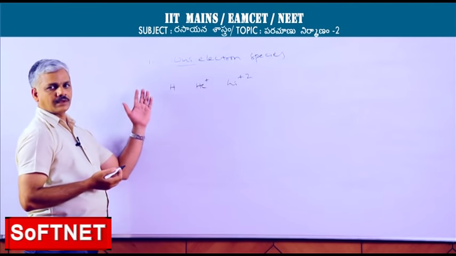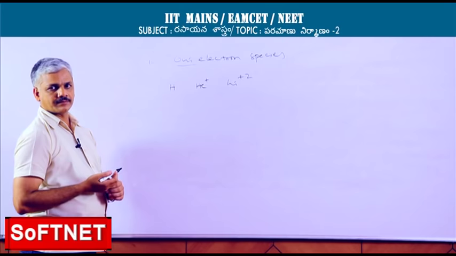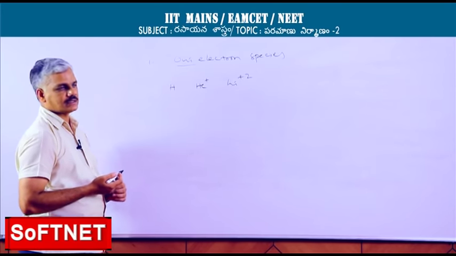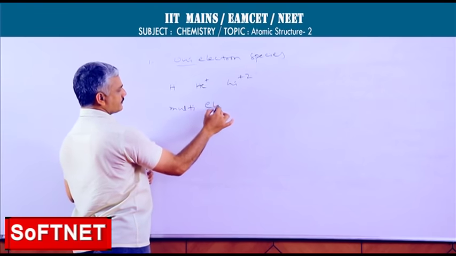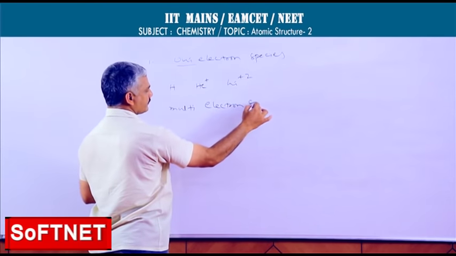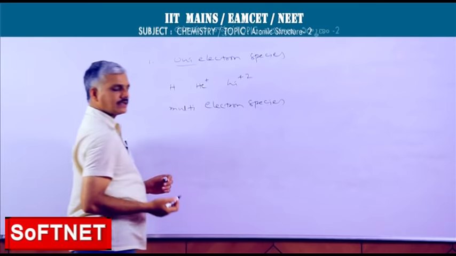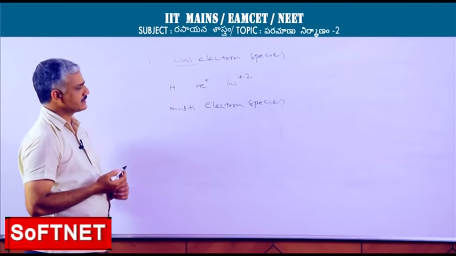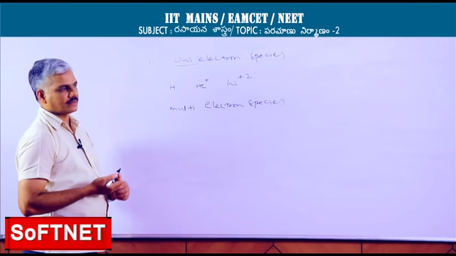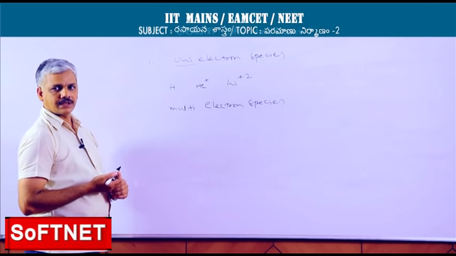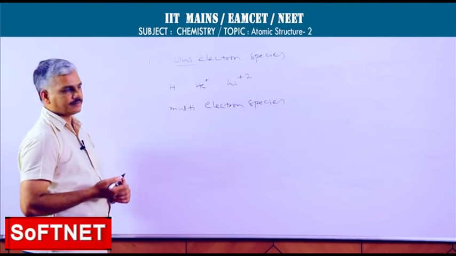For them, we can apply Bohr's atomic model. But it fails in case of multi-electron species. Multi means if more than one electron is present, that will be taken as a multi-electron species. That is the biggest limitation of Bohr's atomic model.